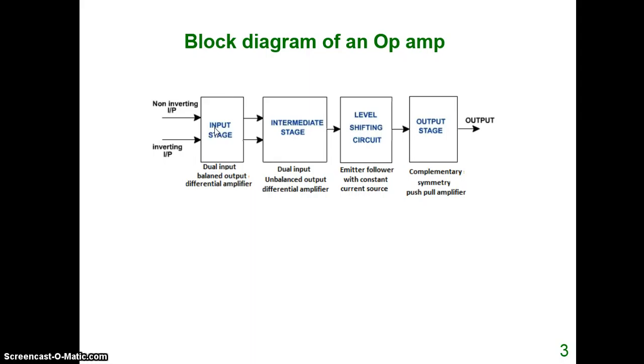Now move to the second stage of the operational amplifier block diagram. The second stage is called the intermediate stage. It is again another differential amplifier, only in this case it is unbalanced output. This differential amplifier will be driven by the output of the input stage.